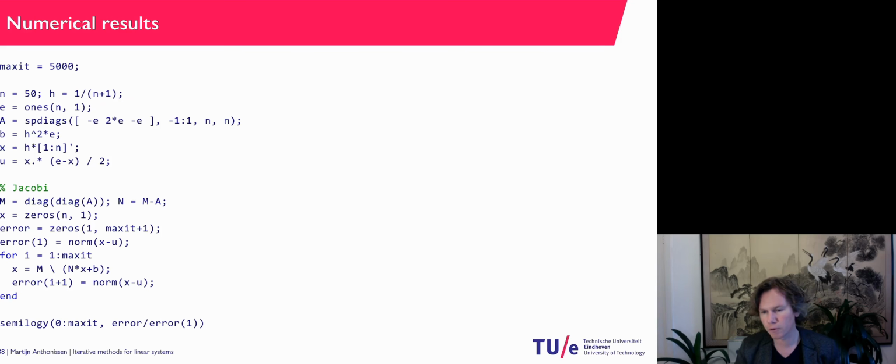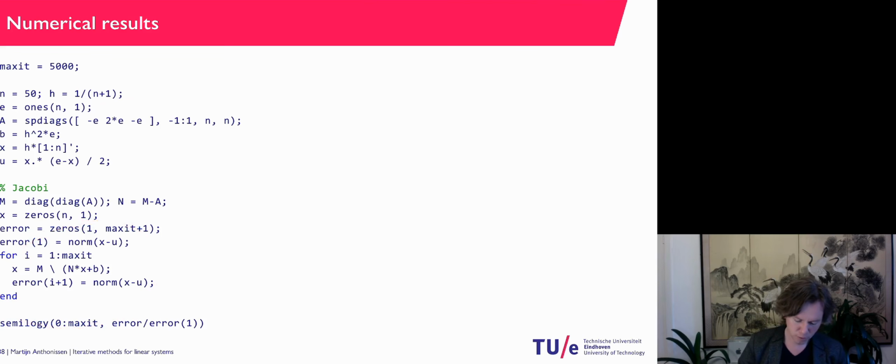For this problem, I also know the exact solution. I can solve this boundary value problem. Since I took a very simple right-hand side, the solution is one half times x times 1 minus x. That's the solution of this ordinary differential equation with boundary values. And here I have implemented Jacobi iteration. Of course you can easily change this one line that does Jacobi to do Gauss-Seidel, SOR, and so on.